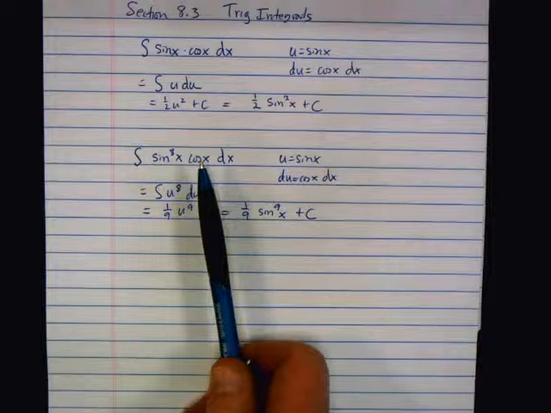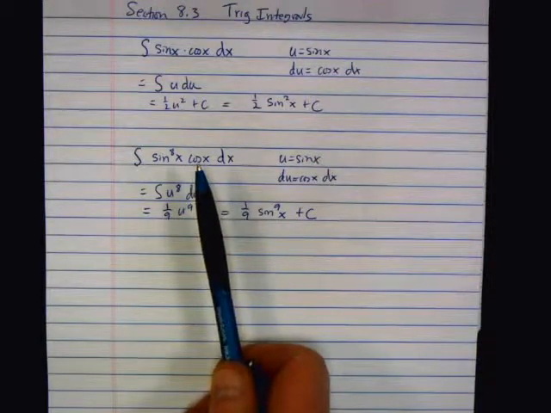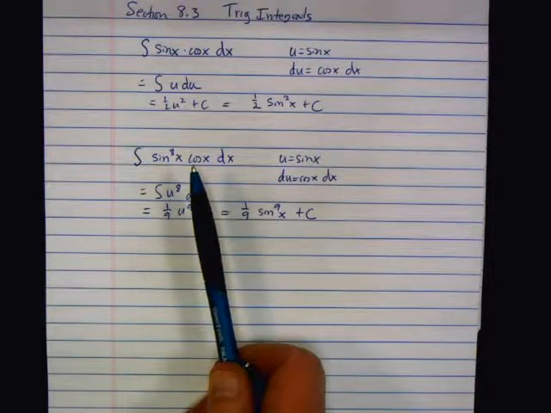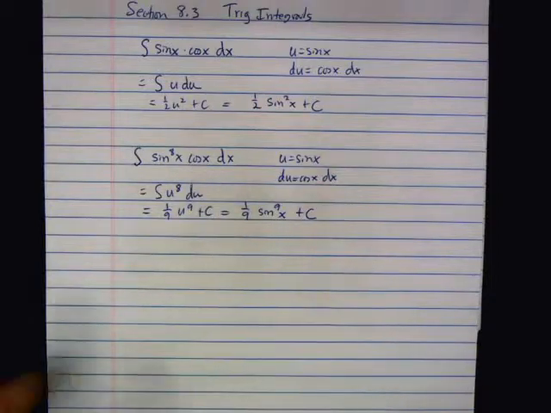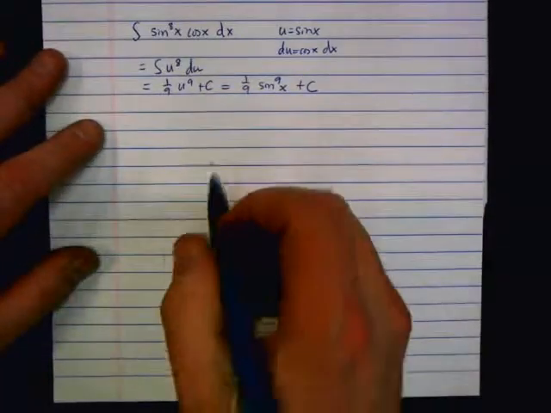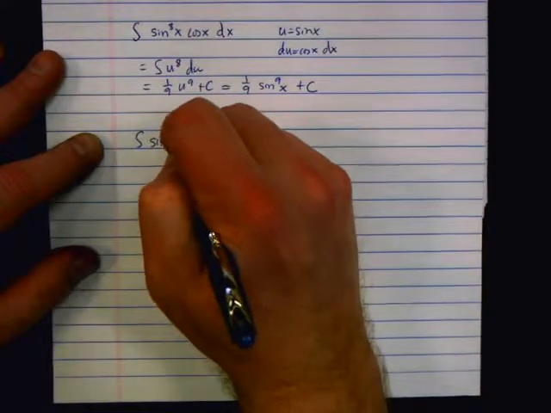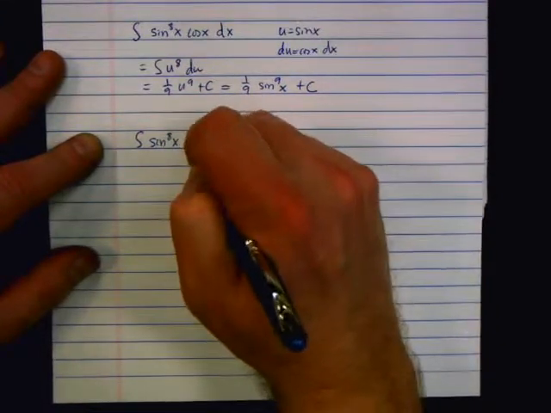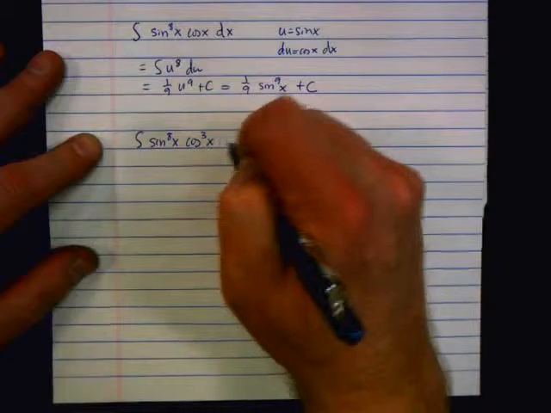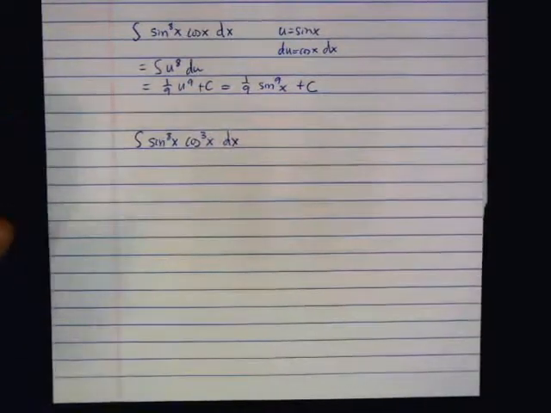So, what are we going to do in this section? If they're both going to have powers, then what do you do? For example, what if I give you the integral of sine to the 8th x cosine cubed x dx?